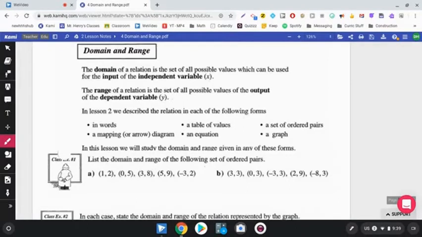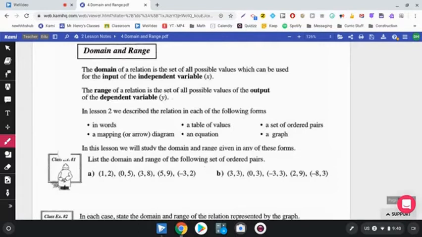What inputs are available within this relation? And then the opposite of that, the range would be, well, what outputs can I have? For the dependent variable, for the y, for the output, what are all the outputs that are available in this situation?